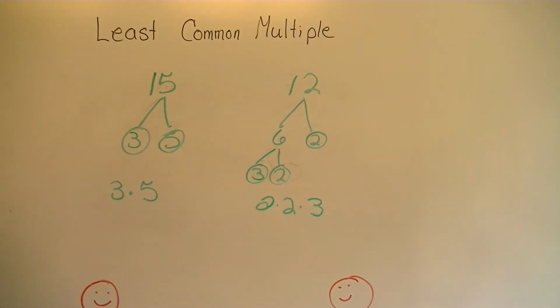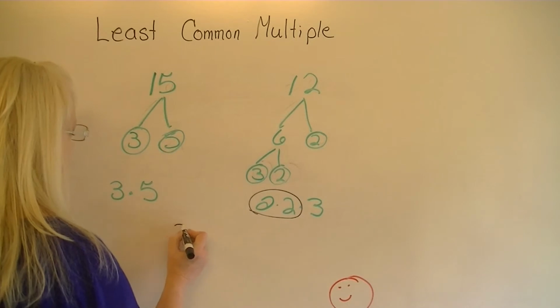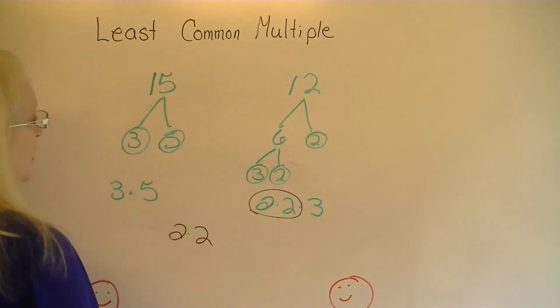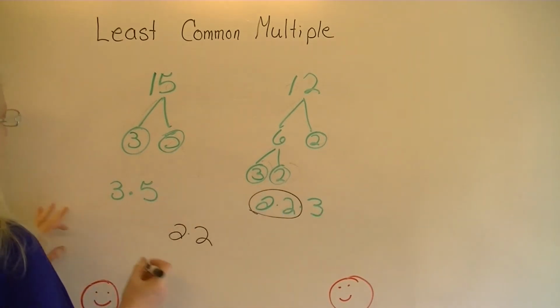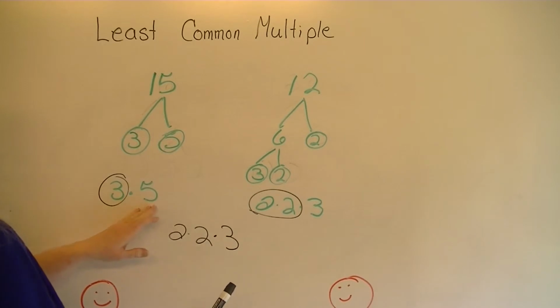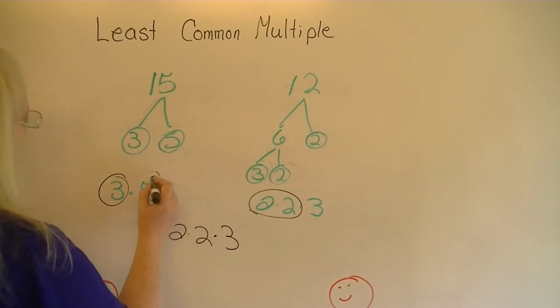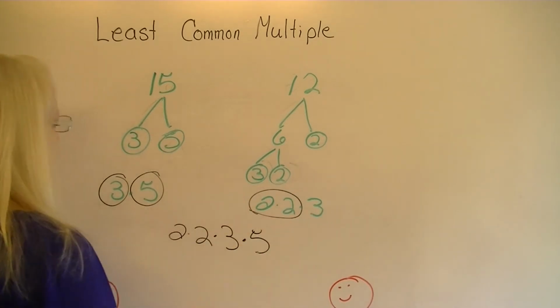We're going to start with the smallest prime number. Which one has the most 2's? Well, they're right here. So I'm going to take both of those. Which one has the most 3's? Well, they both have a 3. So I'm just going to take one of them. Which one has the most 5's? Well, this one has the 5, so I'm going to take that. We didn't use that 3, so we're done.